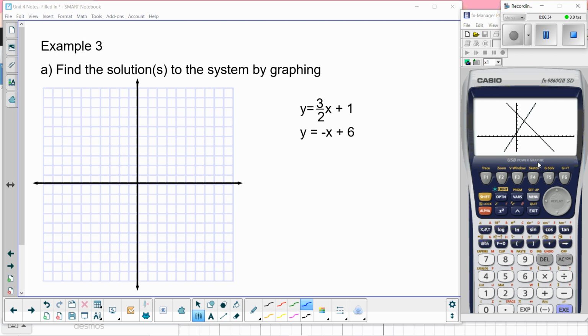So we're going to press this G-solve button, so F5, and then ISCT means intersection. So that's where our points are crossing. So I'm going to press F5 again, and it tells me that those are crossing at (2, 4).